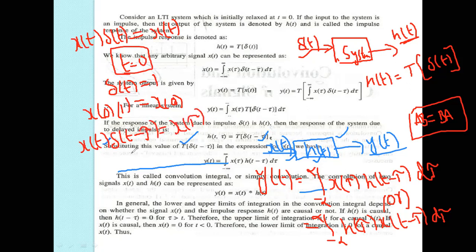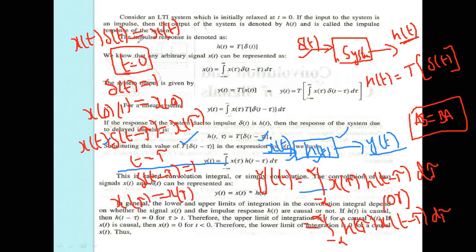Why is it x of tau? Now delta of t minus tau is shifted by tau, so at t equal to tau, delta of t minus tau is 1. So in that case we get x of tau.